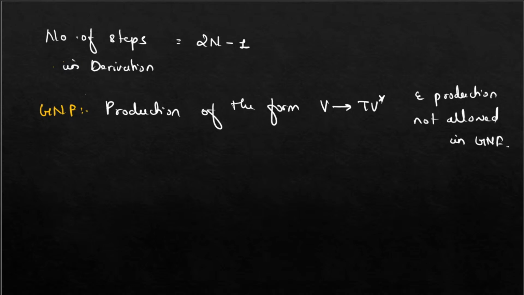So exactly one terminal followed by any number of variables. Epsilon is allowed only in the start variable, and any grammar can be converted into GNF. So CFG can be converted into GNF.